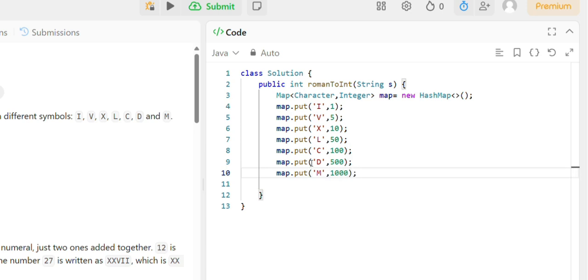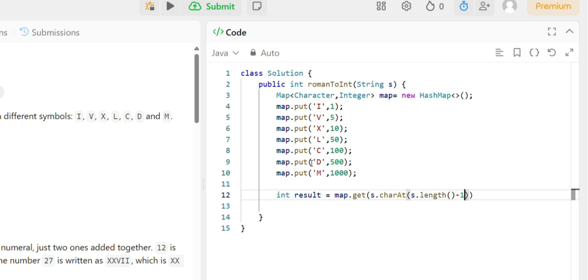So I have put all the values into my hash map, and now we start from right to left. I am taking a result variable where I store my last symbol, that is map.get of s.charAt of s.length minus 1. So it means I'm taking the last value.